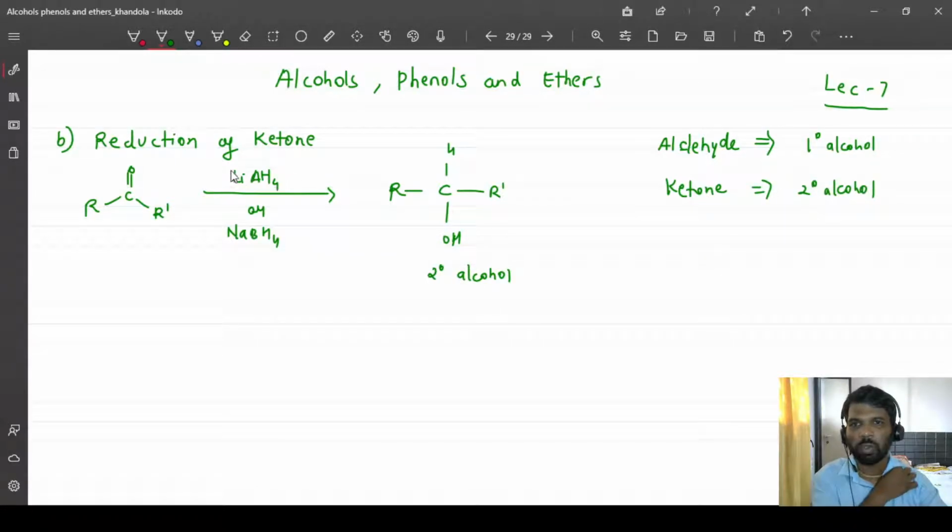Now, why will I call this a reduction? Because if you see, the R and R groups are the same. The carbon is there, oxygen is there. But what is added? These two hydrogens are added to this.